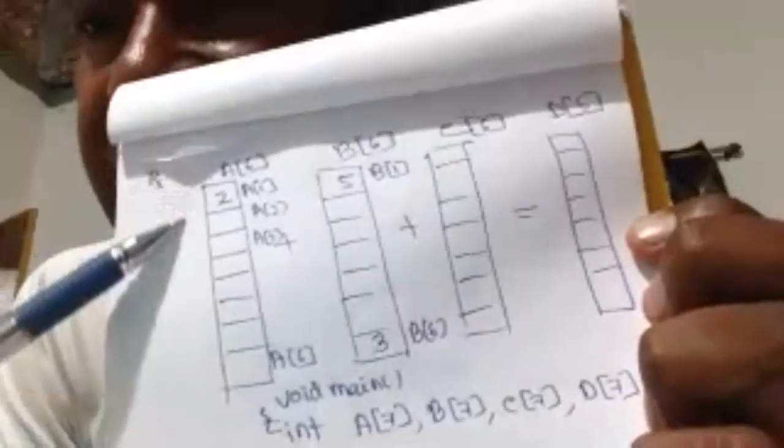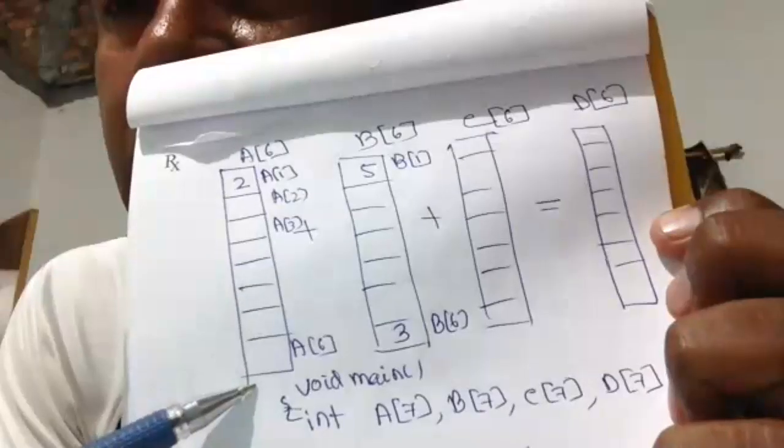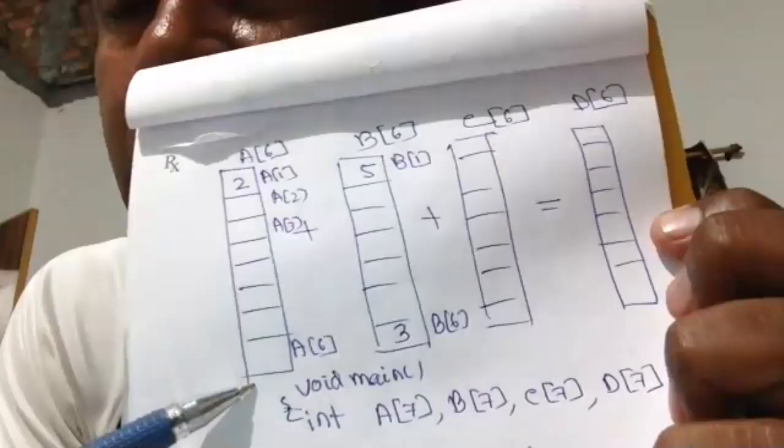To generate these 6 addresses, what do we write? Again a for loop, exactly. So I make this for loop. Can anyone tell the next step?